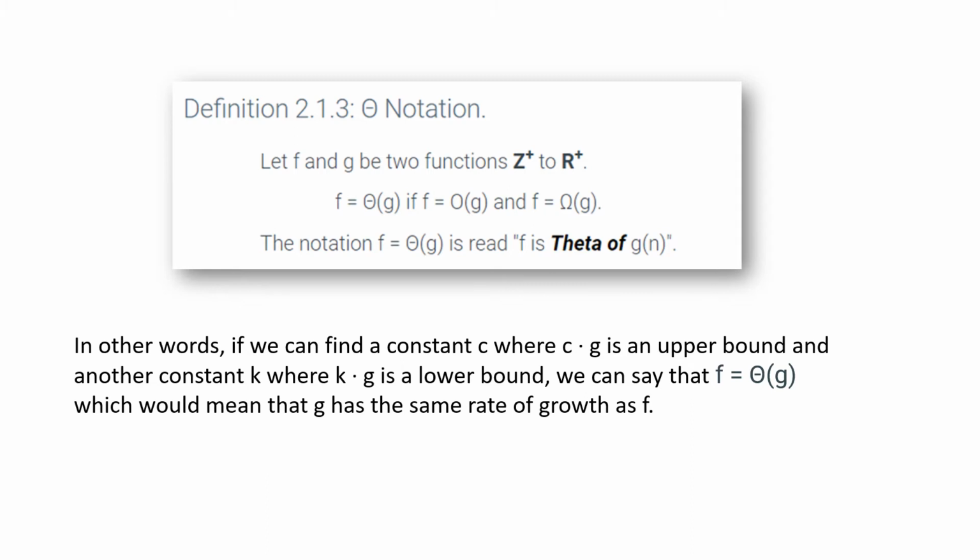Basically this is saying that g and f are shaped the same in their asymptotic behavior. They have the same rate of growth.